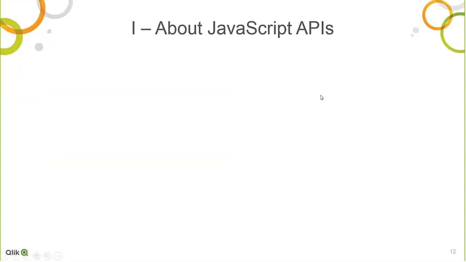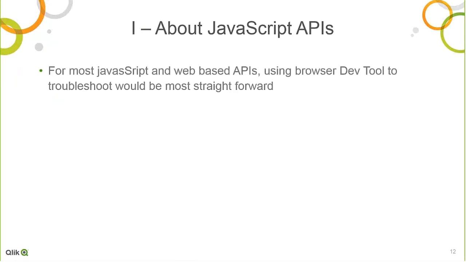So the first topic is about JavaScript APIs. We have a lot of JavaScript APIs such as the extension API, backend API, and mashup API or capability APIs. Most JavaScript APIs are based on web-based APIs using the browser. Using the browser dev tool to troubleshoot will be a very good idea in this case.